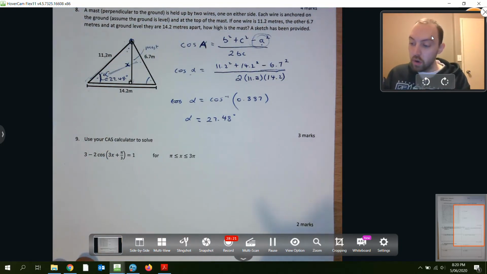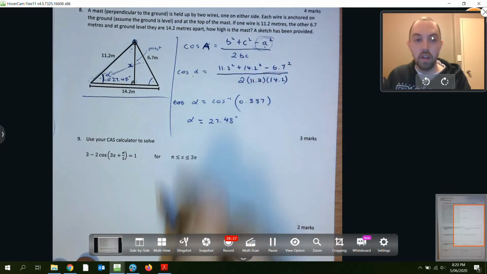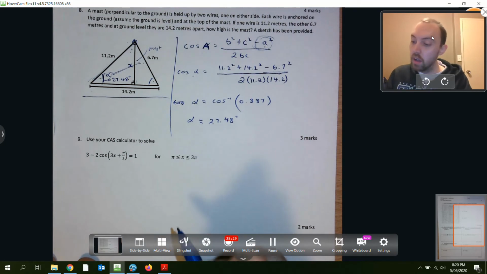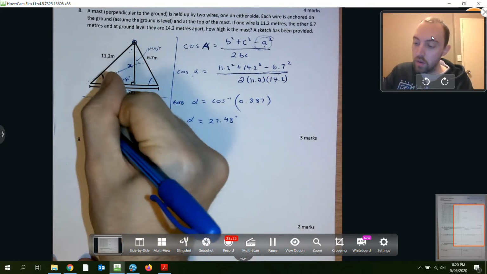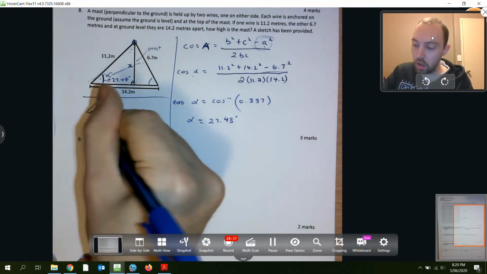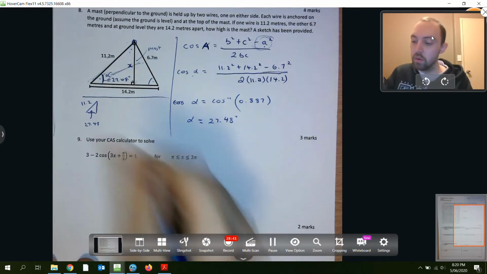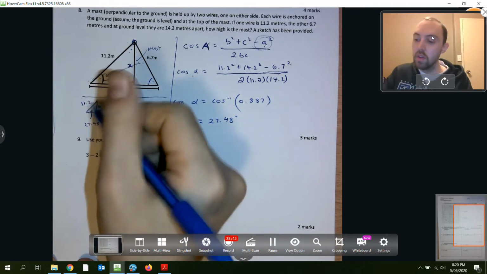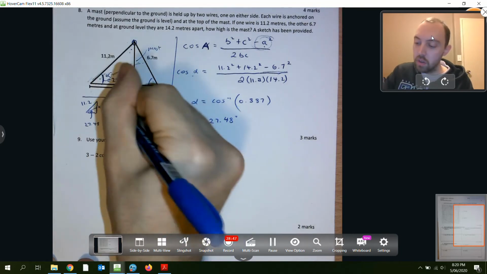What I still don't know is the mast, okay? And I've left myself very little room to do it again, so I'm going to do it in this little corner here. I have a 90-degree angle triangle. I know that this angle is 27.48, and I know that the hypotenuse is 11.2, and I'm trying to find this, so I'm using opposite and hypotenuse.